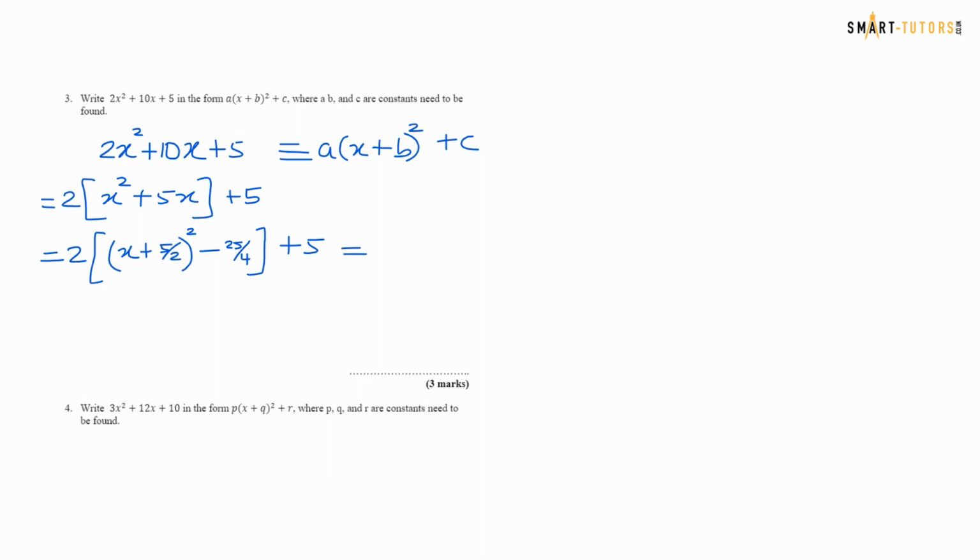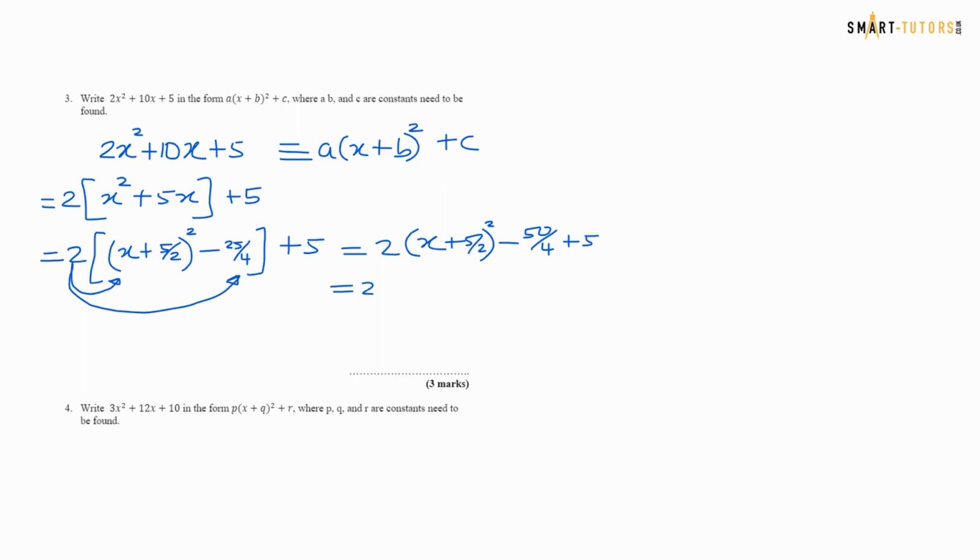The next step is I'm going to expand the brackets, multiplying the 2 here and multiplying the 2 with this number only. So 2(x plus 5 over 2) whole thing squared minus 2 times 25 over 4, which is 50 over 4, and plus 5.